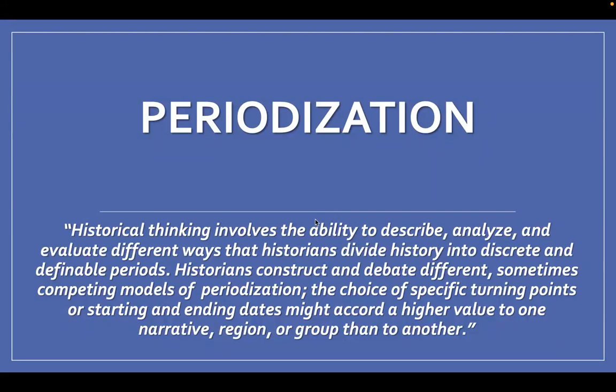So a historian looks at the path of history and divides that history into discrete and definable periods called ages. And some things that define these ages would be not only start dates, end dates, and turning points, but also the characteristics that define life.